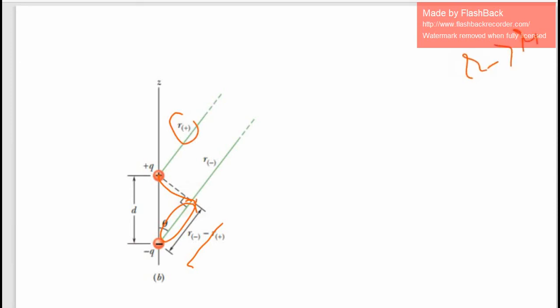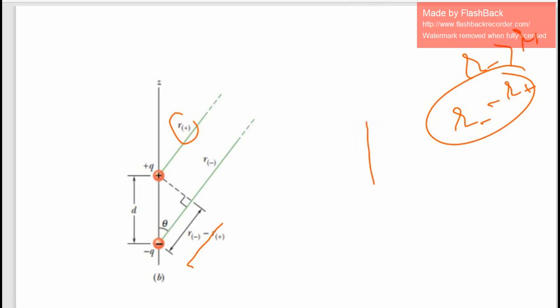So the increment, how much greater it is, is equal to r minus r plus. Okay, if I draw a vertical line, a projection on r minus, I will end up with a triangle like this. This is the angle theta, r minus, r plus. Here is distance d. We don't know about this.